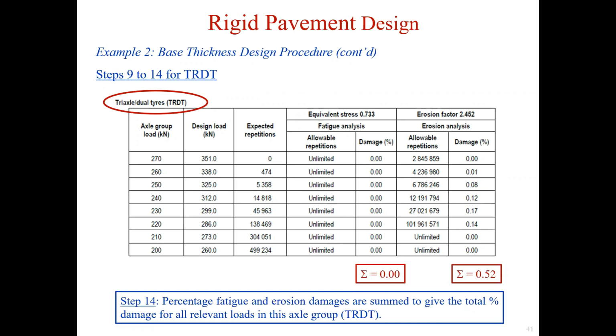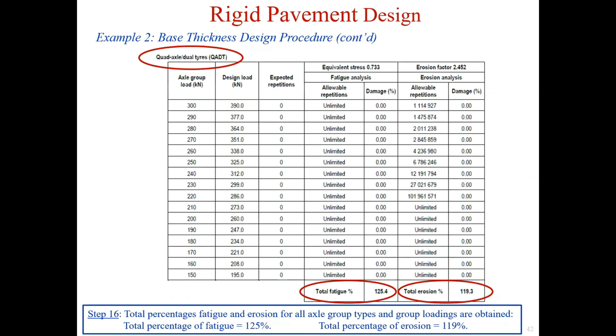The total percentage of fatigue and erosion damage are 0 and 0.52% respectively. Finally, the data for QADT is shown in this table, and we can work out the total percentage of fatigue and erosion damage for this axial group accordingly.